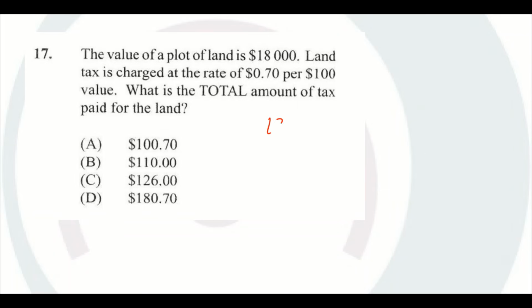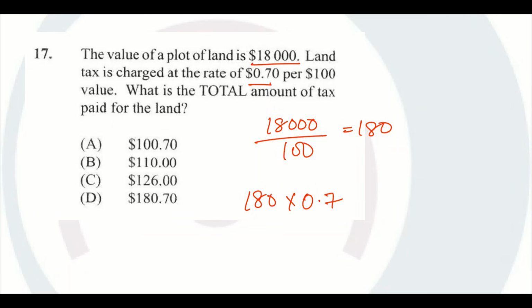So it's 18,000 divided by 100, and that gives us 180. Now for every $100 there's a tax of 0.7. So hence we're going to multiply 180 by 0.7.